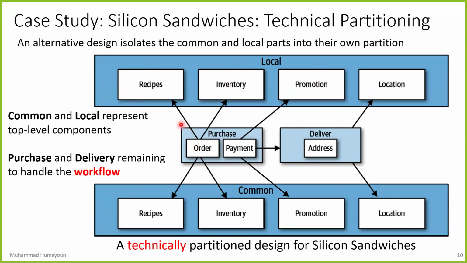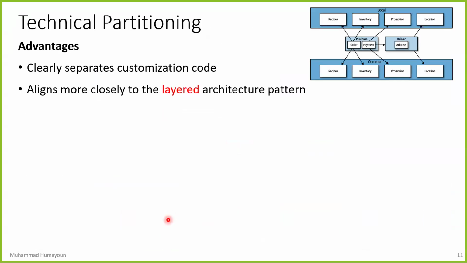So here also you can see one thing, that in local you have recipes and also in common you have recipes. In local you have inventory, in common you have inventory. So you are kind of repeating yourself, having multiple components, one for the local concerns and one for the common concerns. So what are the advantages?